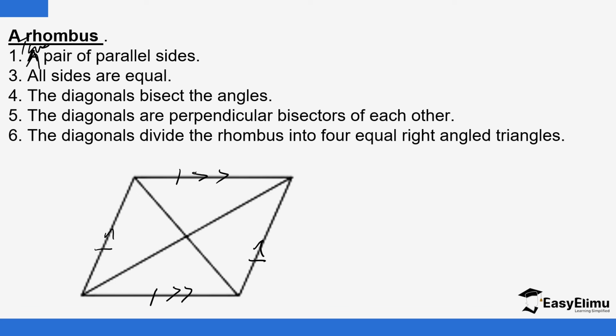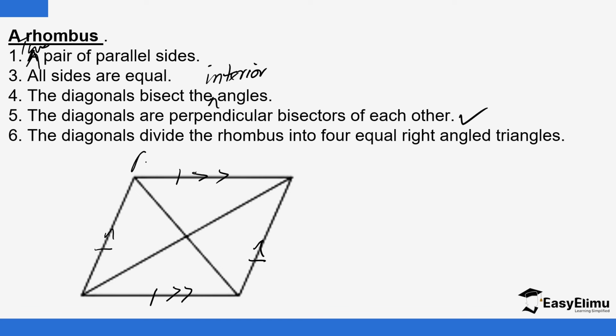All sides are equal in length. And then the diagonals are perpendicular bisectors of each other. You can see that. And then the diagonals bisect the interior angles.